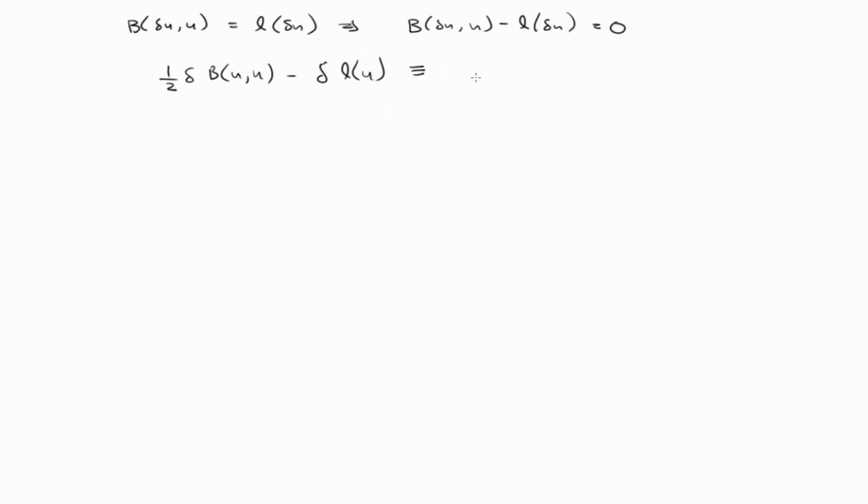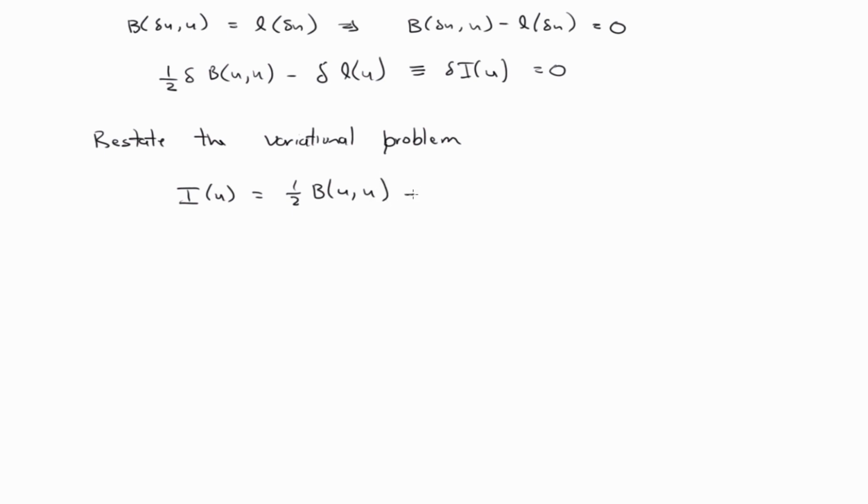We're going to define this as some quadratic functional I, or rather del I, that's equal to 0. And of course we know that has a stationary value when it's equal to 0, right? So we can restate the variational problem as minimizing a functional I(u) = 1/2 B(u, u) minus L(u).